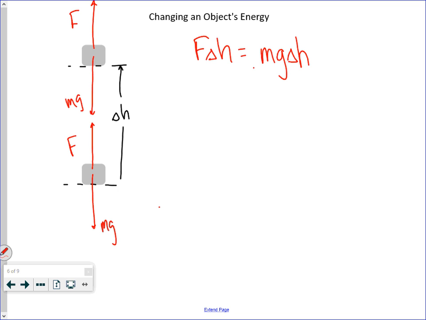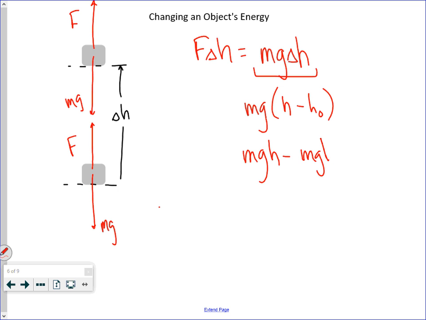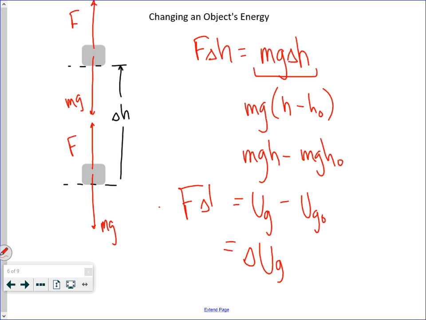And so that's like saying mg h minus mg h initial, and that's like saying final minus initial gravitational potential energy. And once again, we have that this delta UG is equal to the product of a force and the distance through which that force is applied.